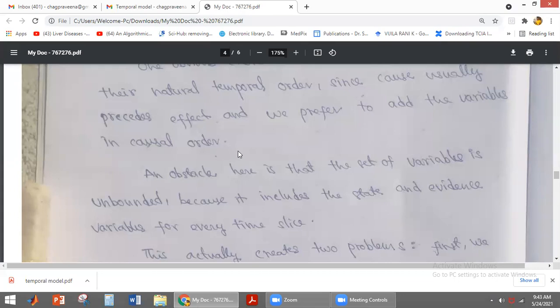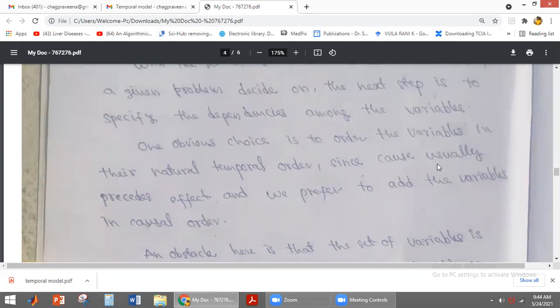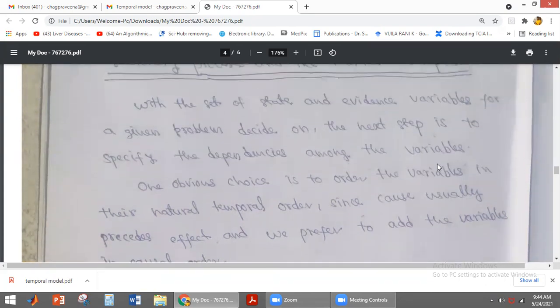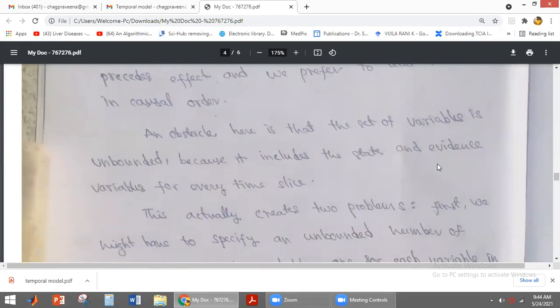So the obstacle here is that the set of variables is unbounded. What is the number of variables we have? The total number of variables is the state variables and evidence variables, and this set is unbounded, because it includes the state and evidence variables for every time slice.